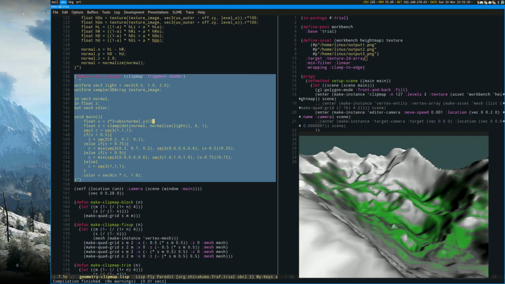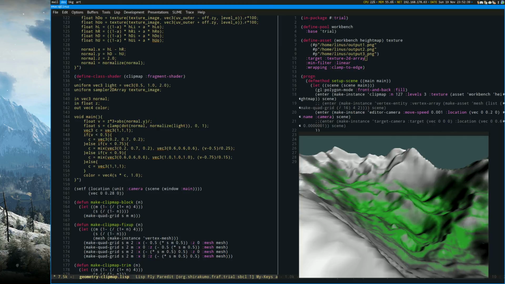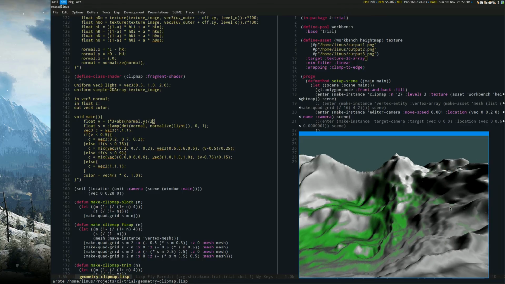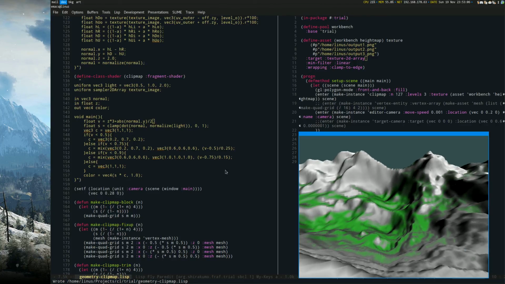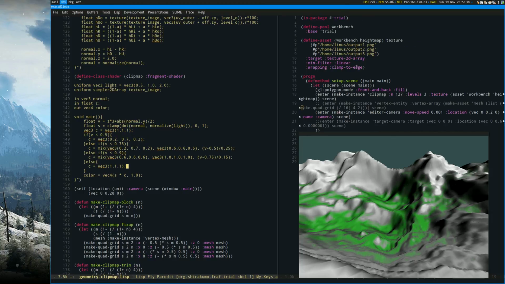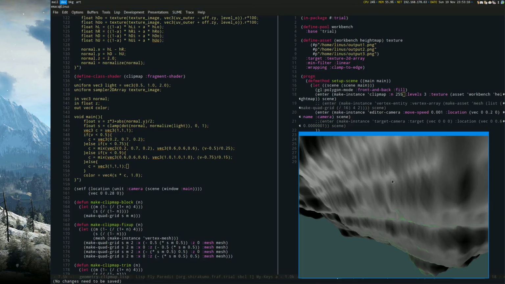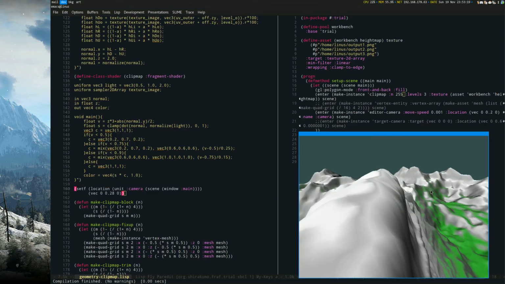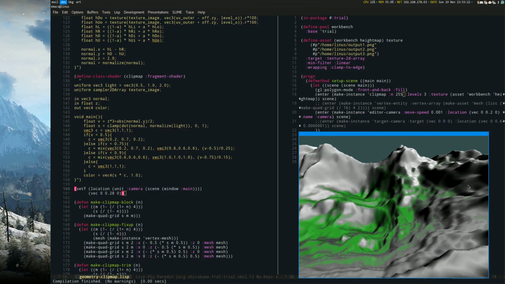Let's do 5. Chunky assholes. Chunky. Bit better.